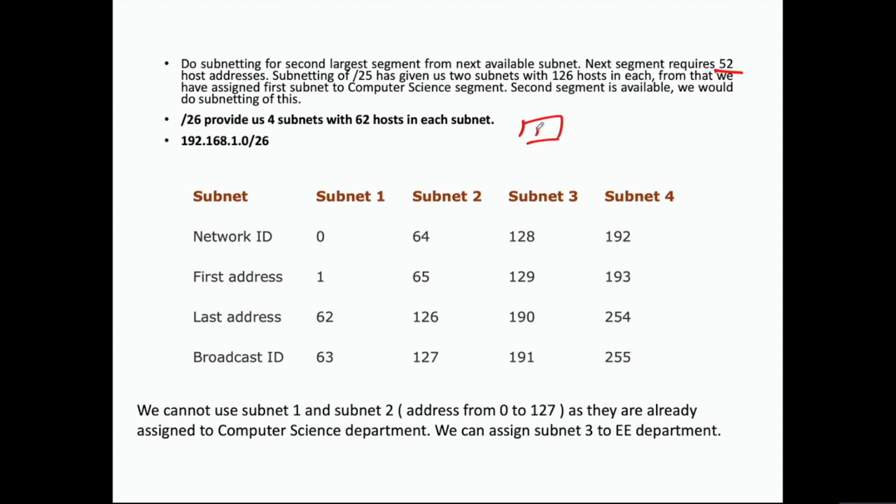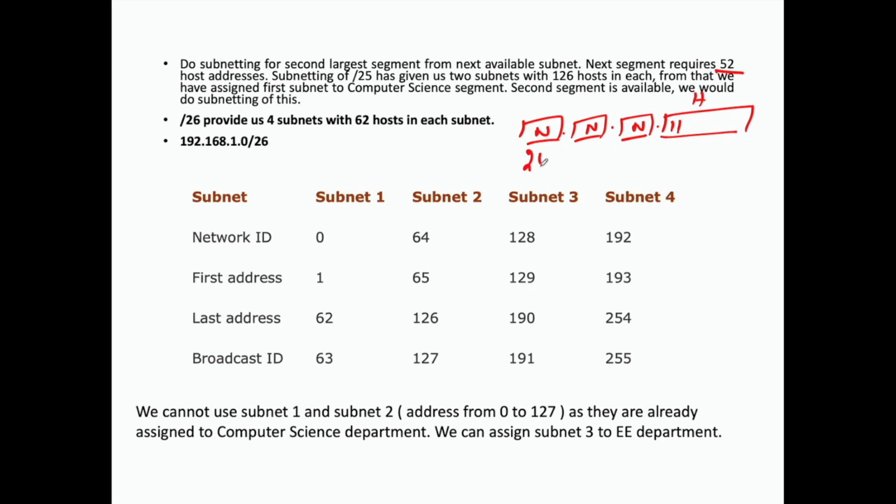This was by default network part, network part, network part, and from the last octet representing the host portion I have borrowed another bit. So what would be the subnet mask for the second segment? 255.255.255.128 plus 64. That's right. 255.255.255.192 would be the subnet mask.